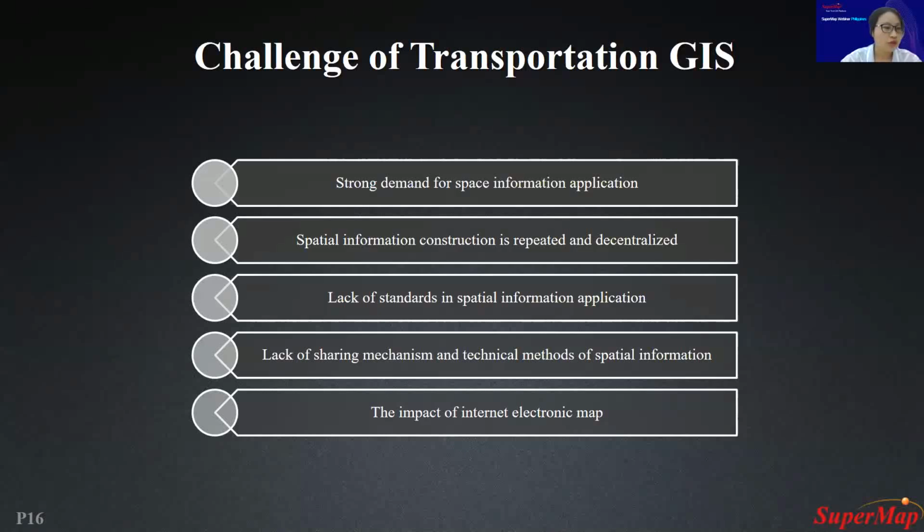In addition, there is a lack of unified standards for the management of spatial information and a lack of information sharing mechanisms and technical means. The last one is that with the development of internet electronic maps, how do we construct a system that is more professional, more reliable, and has more practical applications?